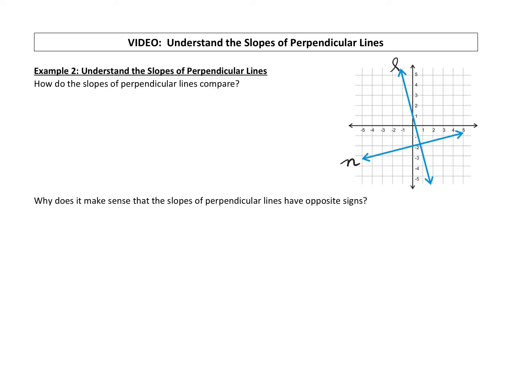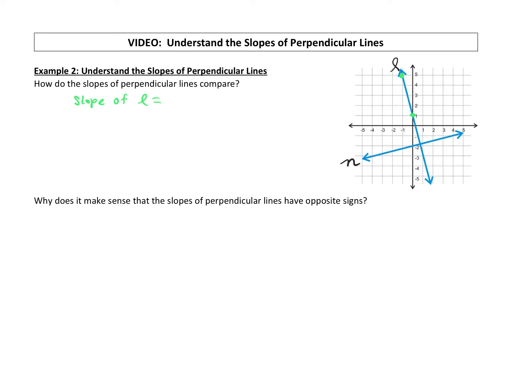So let's go ahead and find the slope of line L. When I look at L, I can find the slope by counting the rise over the run from two exact points. So here's an exact point, and we've got an exact point right there.